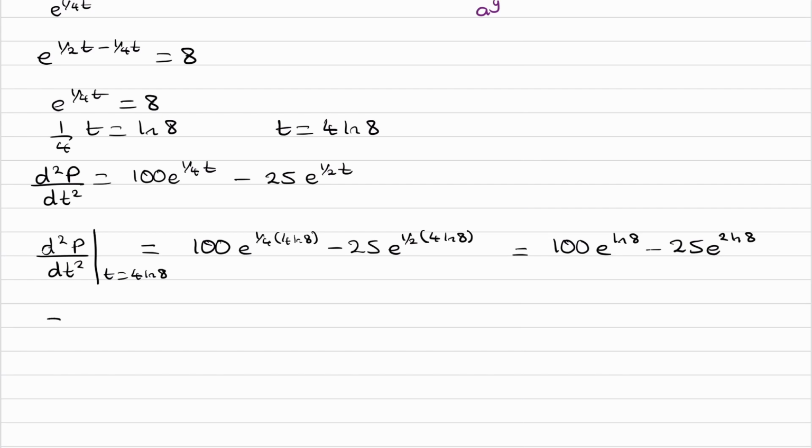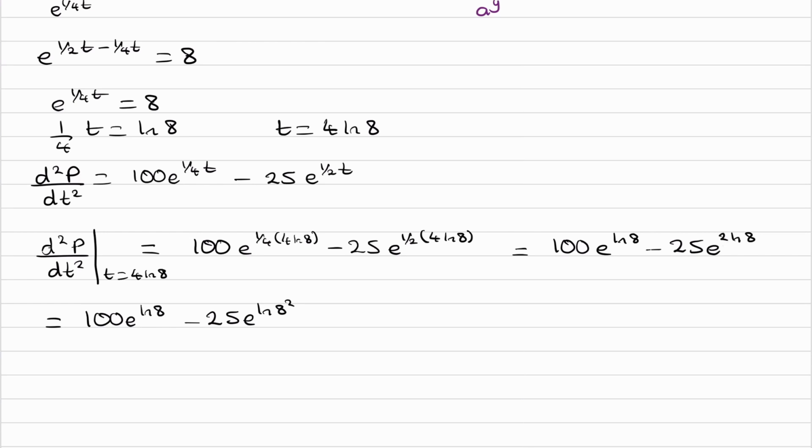That second term we can then write as, I can bring the 2 up as a power of 8, because it's in front of the ln. So it becomes 25 e to the power of ln 8 squared. And 8 squared is just 64. The reason I did that is because now the e's and the ln's can just cancel out. We couldn't do that before when the 2 is in front.